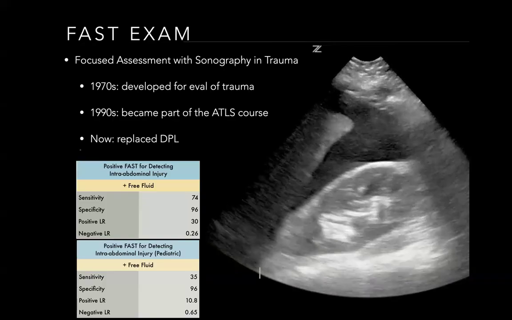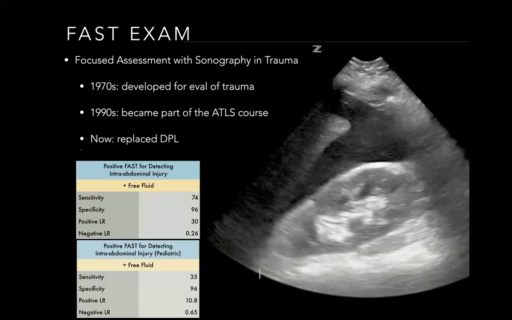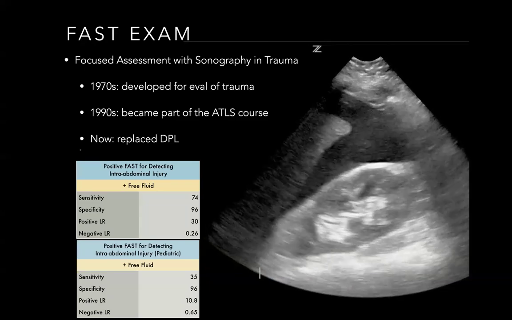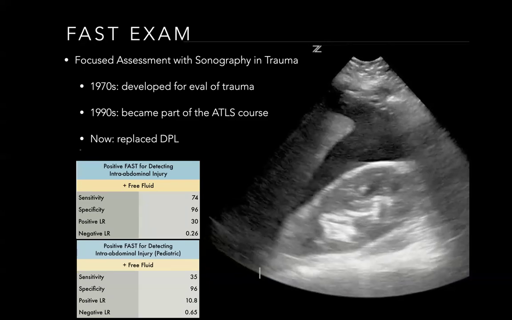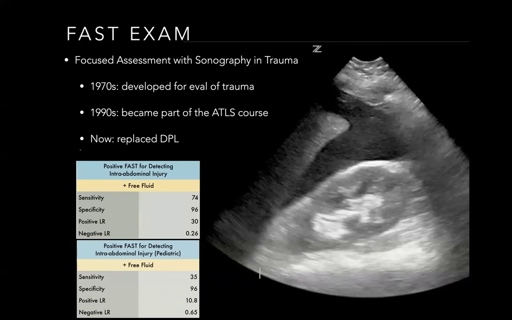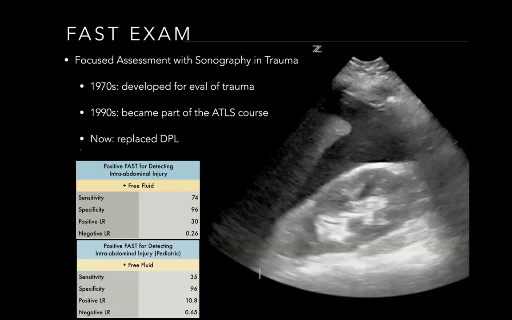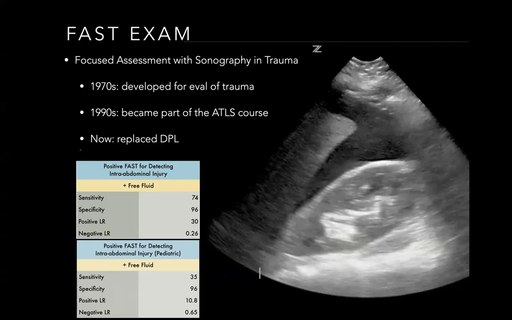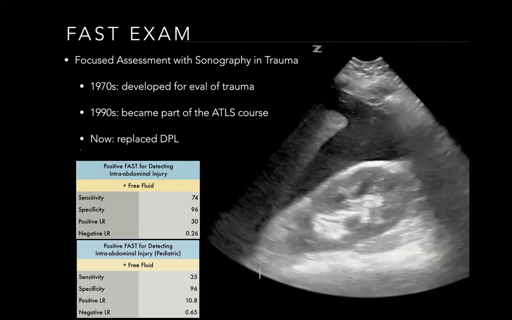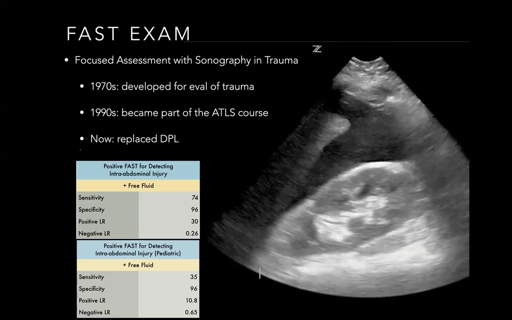And now this has largely replaced the diagnostic peritoneal lavage, which was a very old school method of instilling IV fluid into the intra-abdominal cavity in a patient who's suspected to have an intra-abdominal bleed. Once you instill the IV fluid inside the abdomen, then you drain it back out and see if there's any blood. If there is, then that is a sign of free fluid.